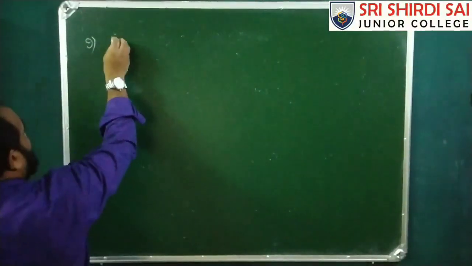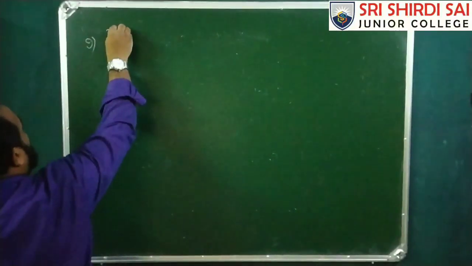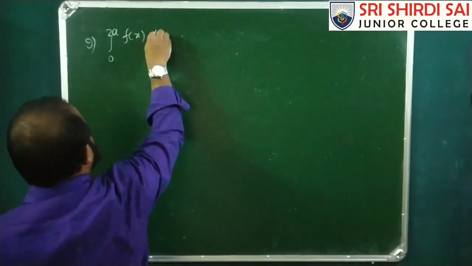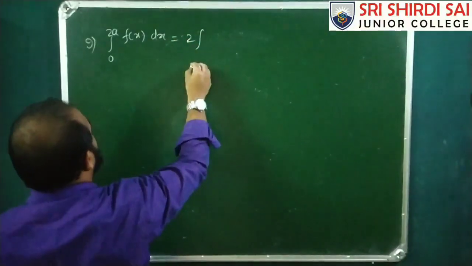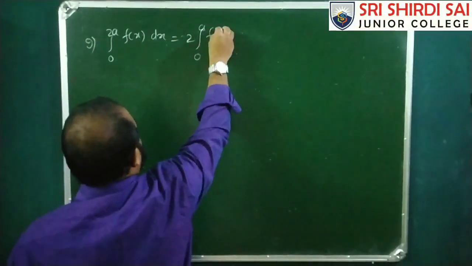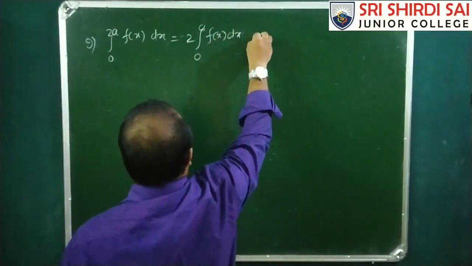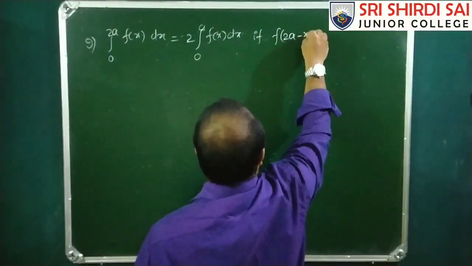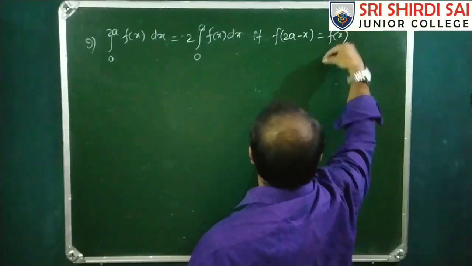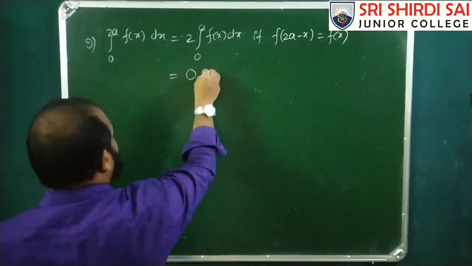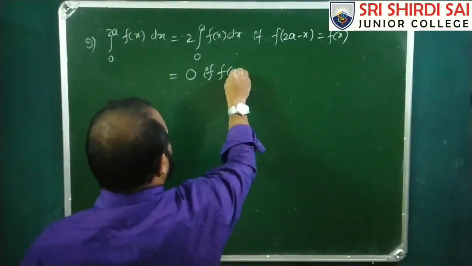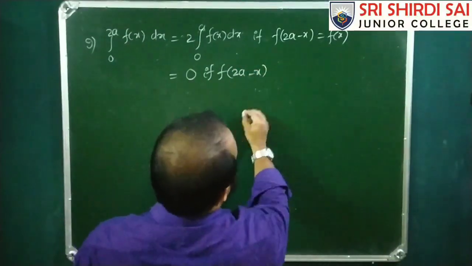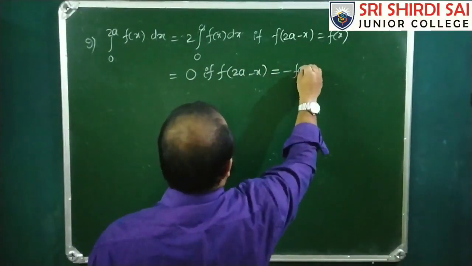Ninth one, 0 to 2a f of x dx is equals to 2 integral 0 to a f of x dx if f of 2a minus x is equals to f of x. This is equals to 0 if f of 2a minus x is equals to minus f of x.